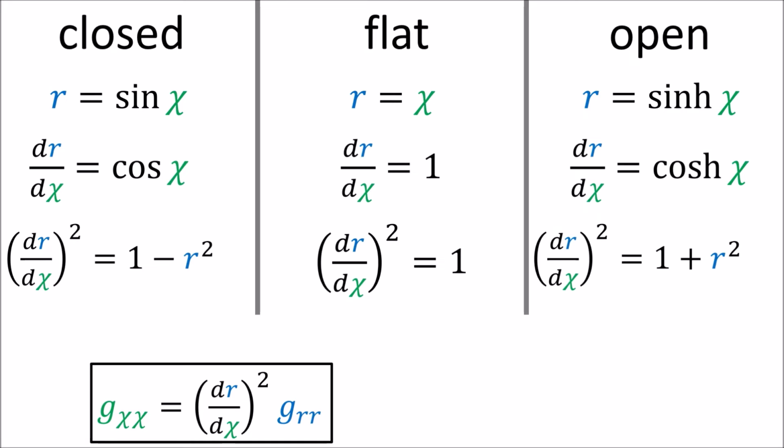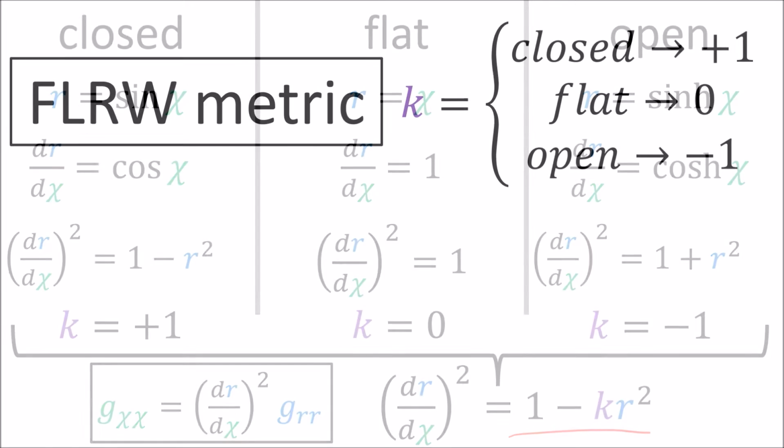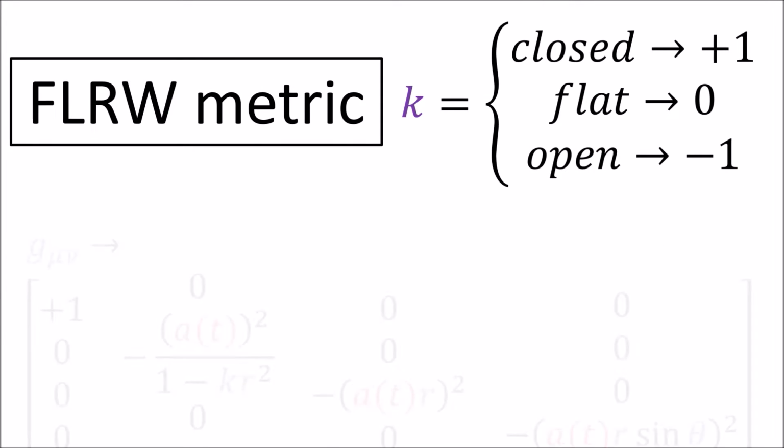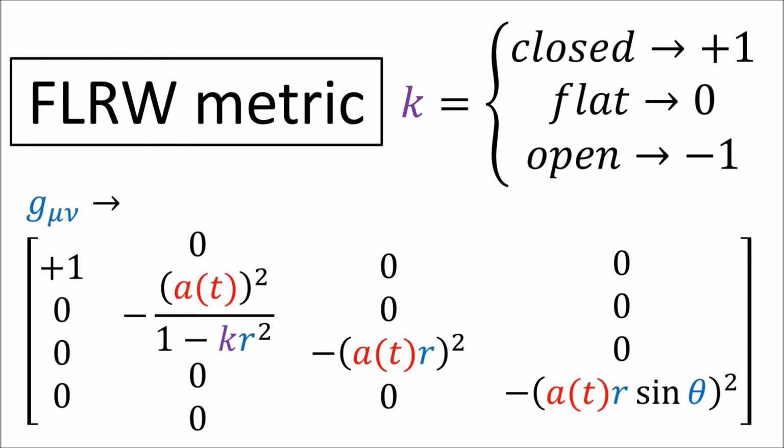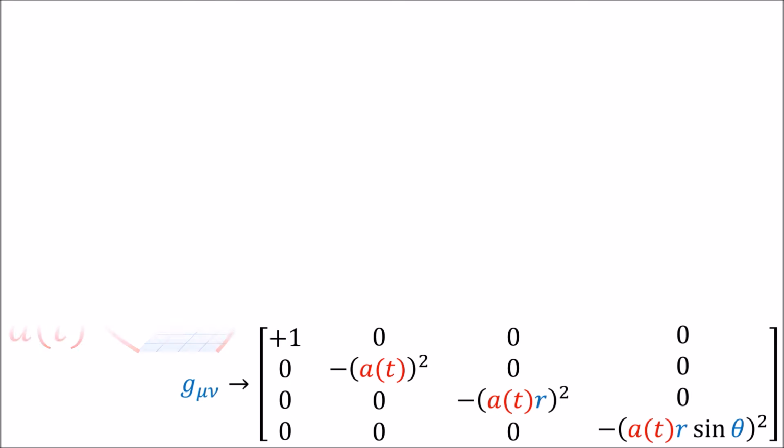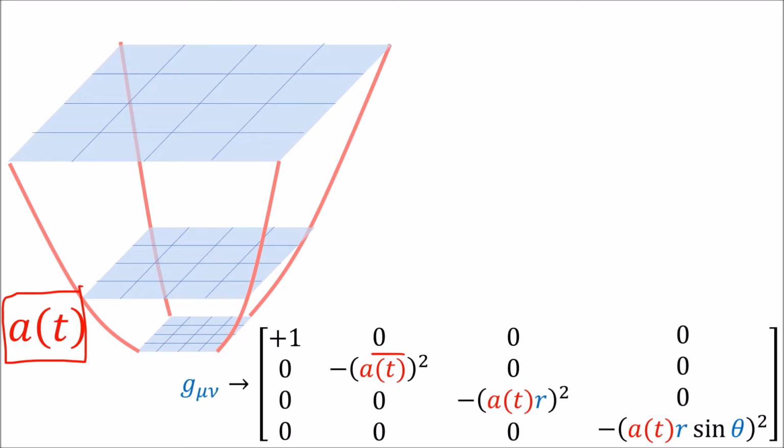After using a clever change of coordinates, we were able to write down all three metrics for these universes in a unified way, using a parameter k, which is either +1, 0, or -1, for closed, flat, and open universes respectively. We also have a scaling function a of t, which allows the spatial scale of the universe to change over time.